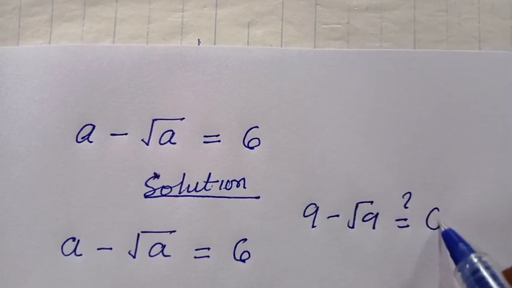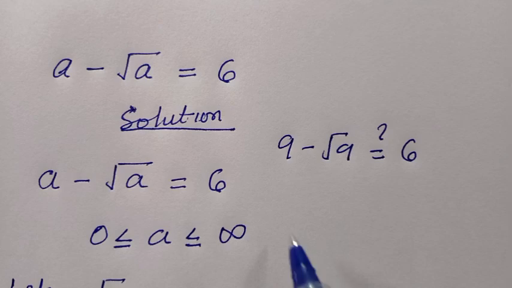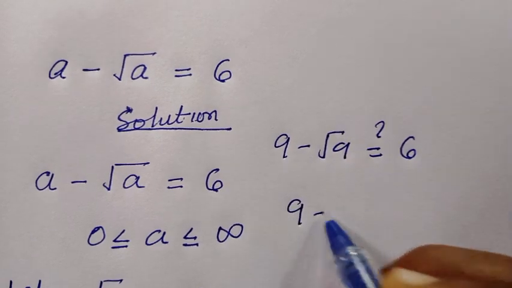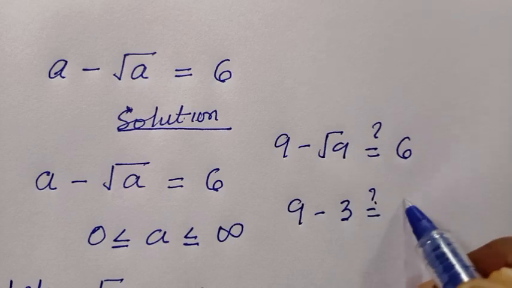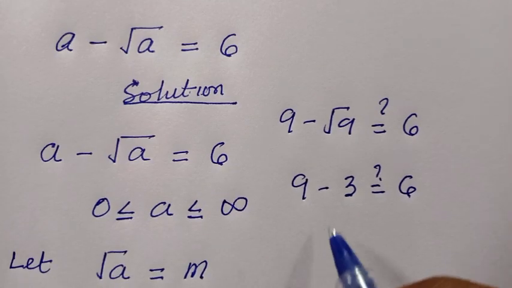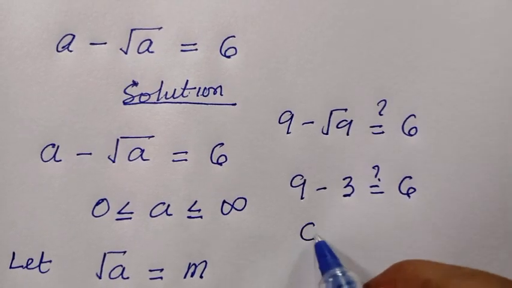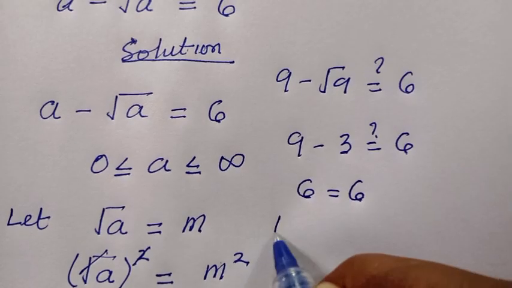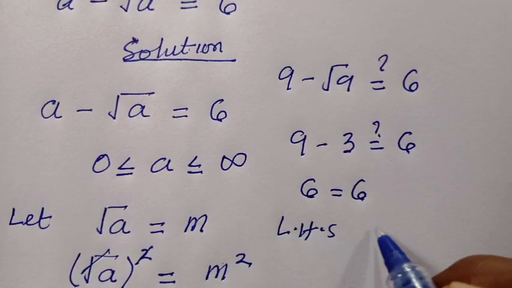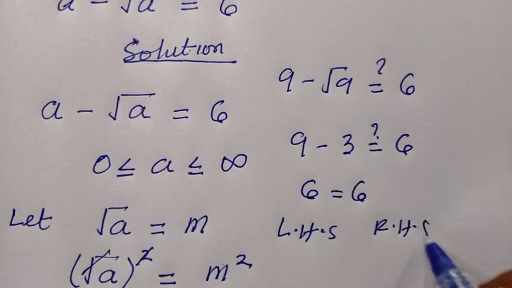So we want to check if this equals 6. From here, we have 9 minus square root of 9, that is 3. And does it equal 6? By subtracting 3 from 9, we have 6 equals 6. That is, the left hand side equals the right hand side.